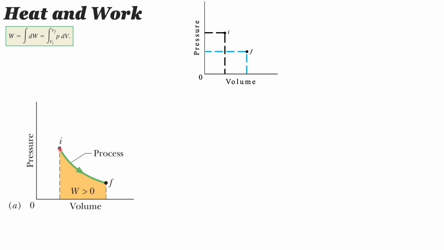We moved from initial to a final state and the work done was positive. This orange highlighted region is actually the total work done. Why? Because you know that the integration of the curve is actually the area underneath this curve. So we can say that the area under the curve is equal to the work done during that process.